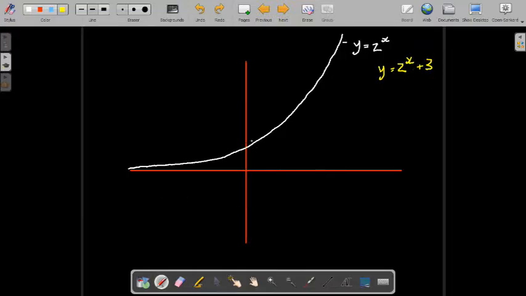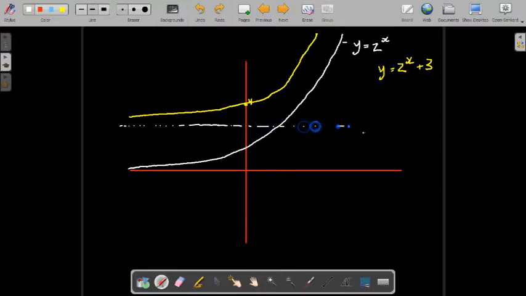So we're going to have a situation where 2 to the power of 0 is 1 plus 3, so we actually go through the point at 4. But all these numbers here are basically shifted up 3 spots. So it's the same shape. It's not very well drawn there. But we have an asymptote now that's been shifted up.